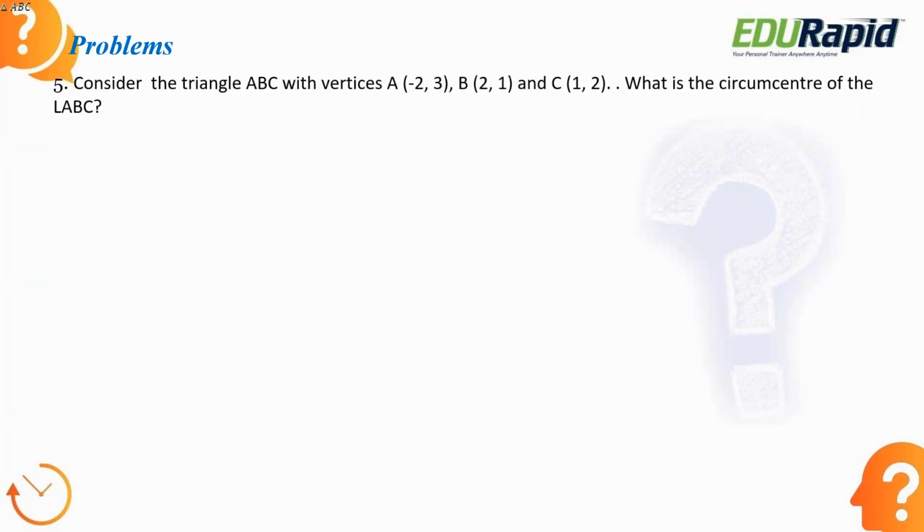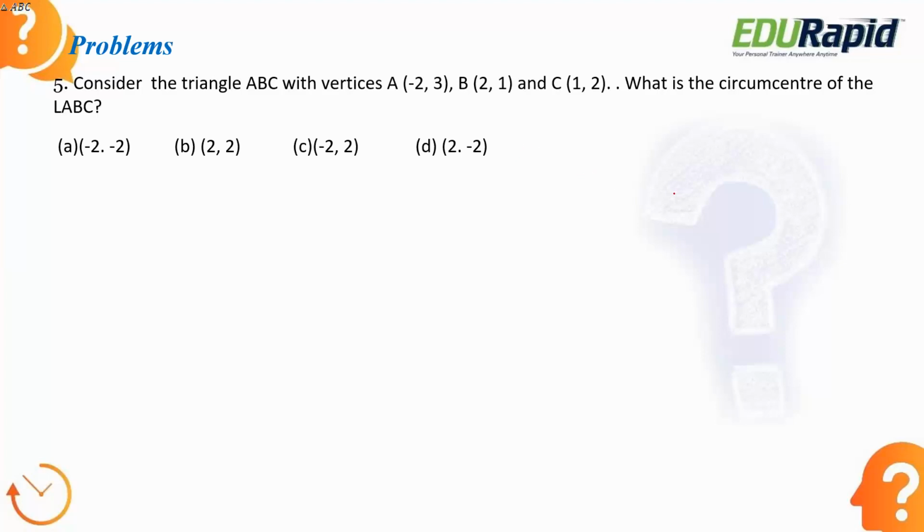Let's check out this. Consider a triangle ABC with vertices given. A, B, and C vertices are given. What is the circumcenter of the triangle ABC? So how do we find this? You have to find the circumcenter.